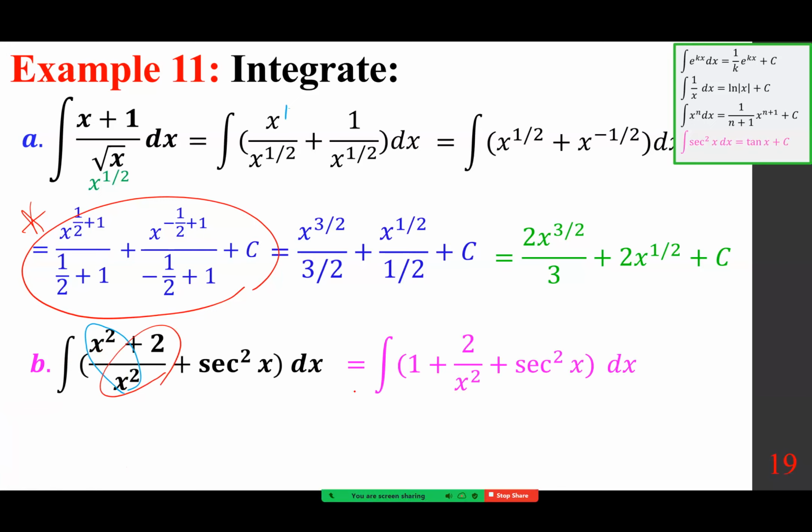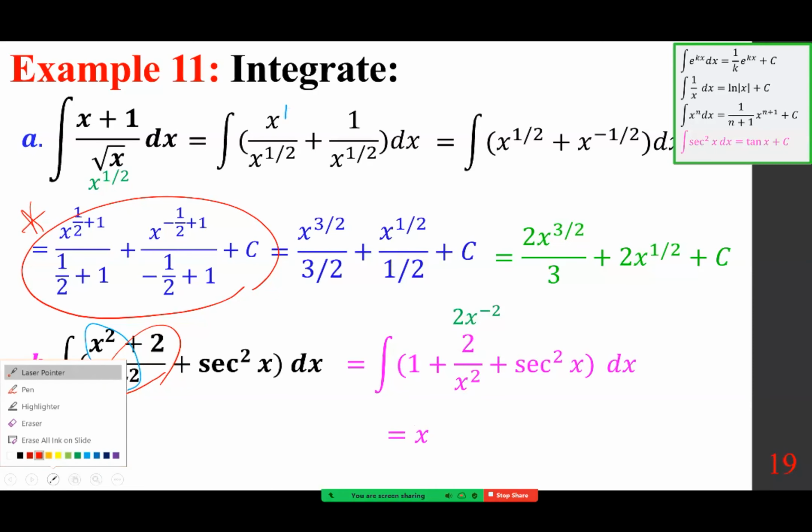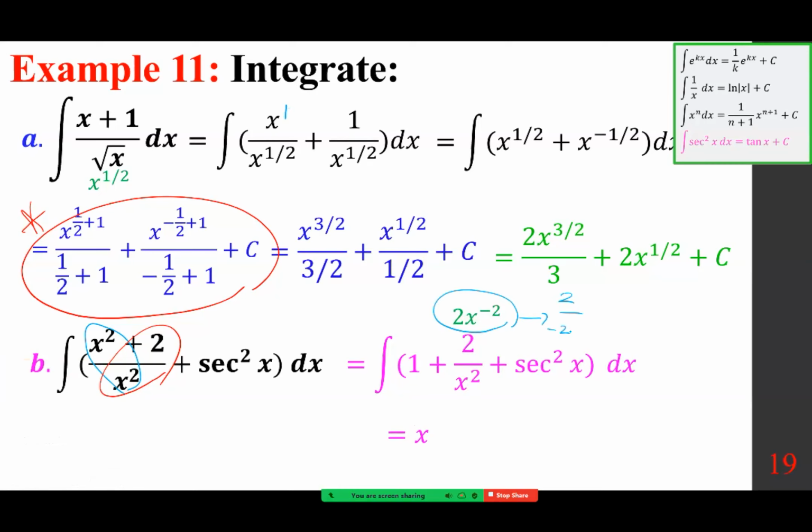Therefore, 1 gives you x. 2 over x squared, we change it to 2x to the power minus 2, and now we are going to integrate this one, which means 2 over -2 plus 1, x to the power of -2 plus 1, which means 2 over -1 or -2, x to the power of -1. So minus 2 over x.